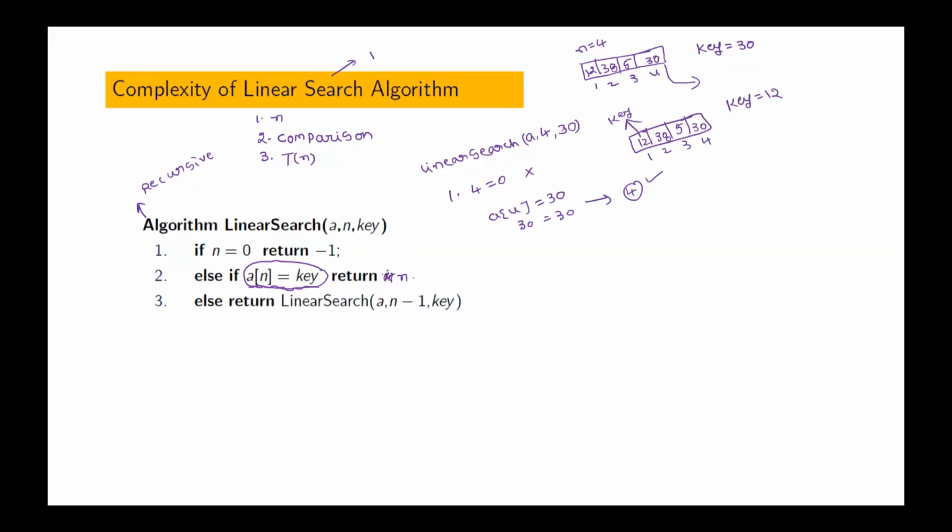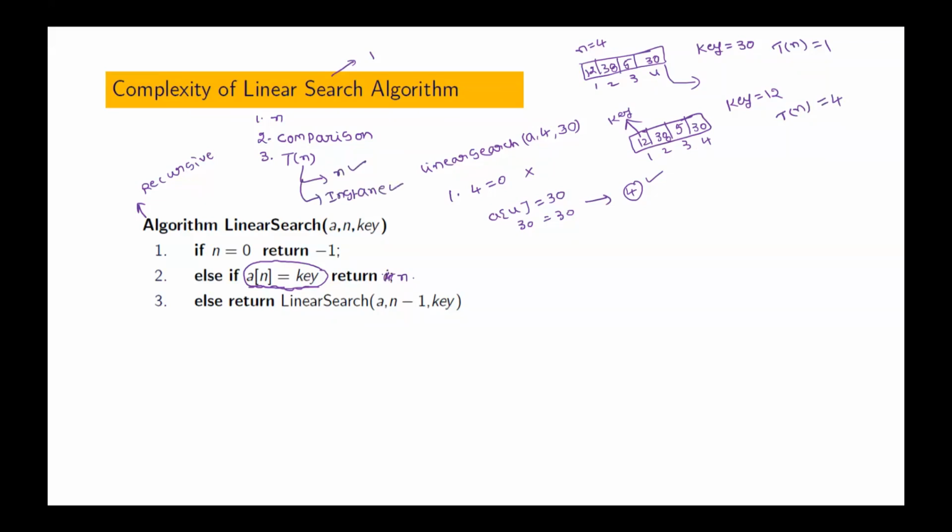That means for the same value of input size, here T of n equals 1, and here T of n is 4. So for the same value of input size, the number of times the basic operation is performed is different. So it depends on n and also on the instance.